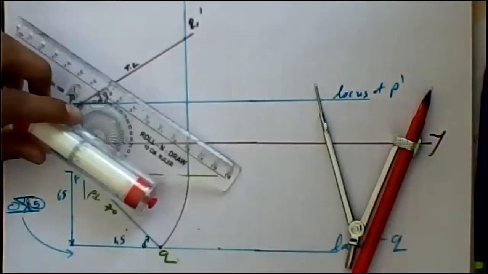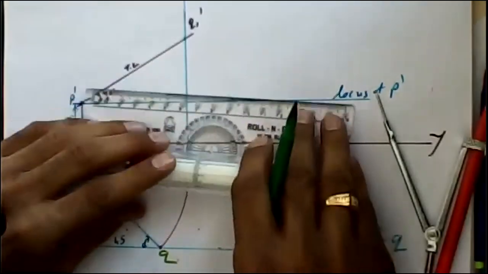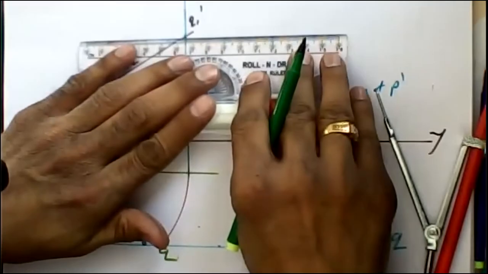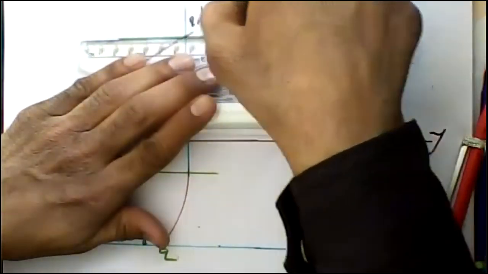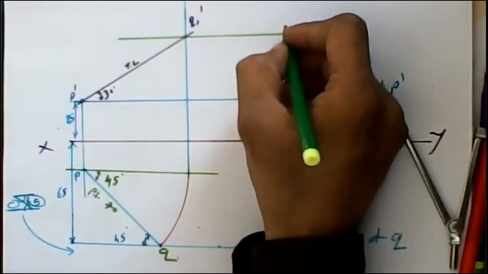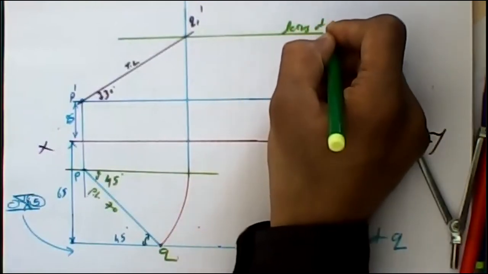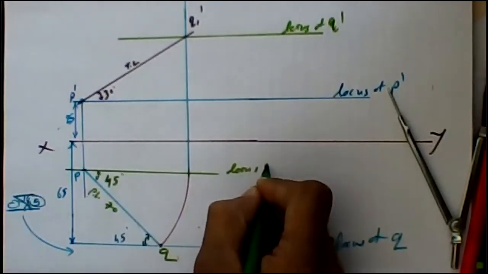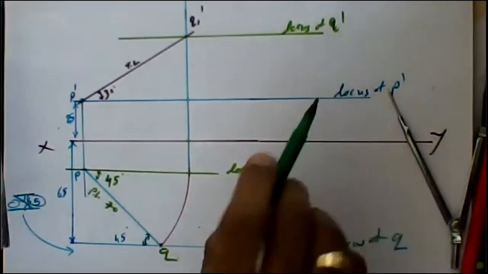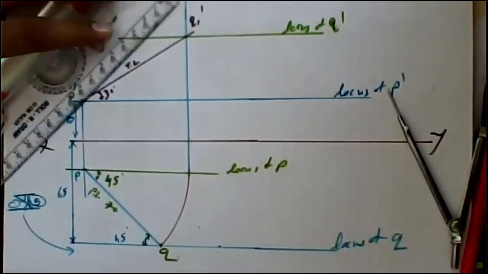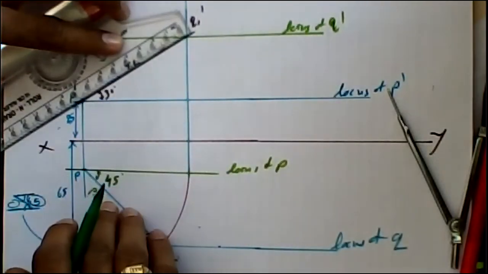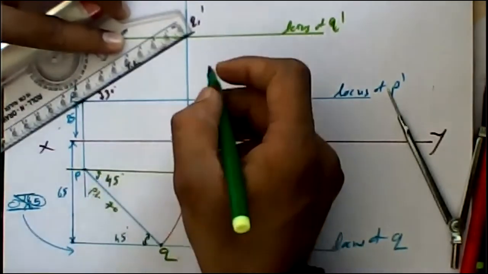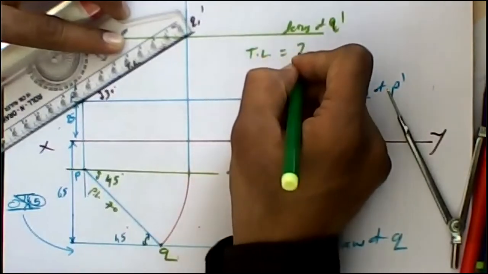The intersection position is going to give us a locus of Q dash, and on the locus of Q dash we are going to get the Q dash also. So this is going to be the locus of P, and now we got the true length. Let us measure it. It is about 79 mm. True length is 79 mm.